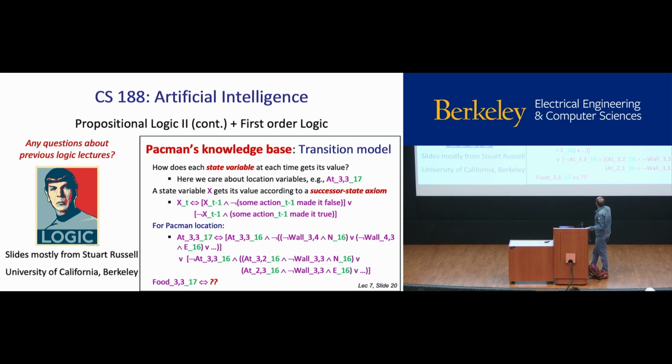The general format is: something's true at time t if it was true at time t minus 1 and nothing made it false, or it wasn't true at time t minus 1 but something made it true. Two things to check: these symbols correspond to what I just said in English, and what I said in English is accurate and complete. If those two things pass your check, you can see, okay, yeah, that makes sense.